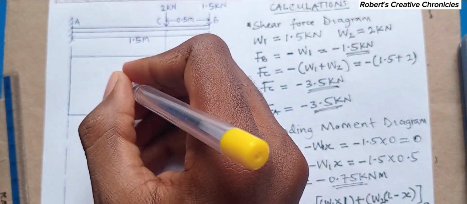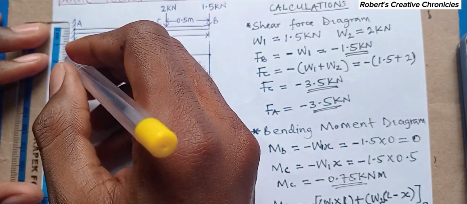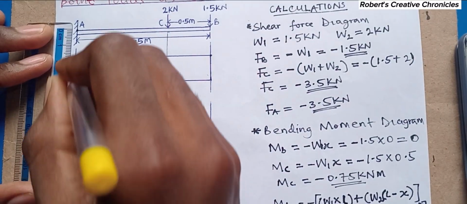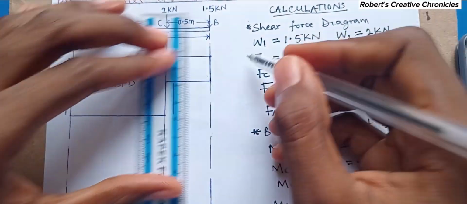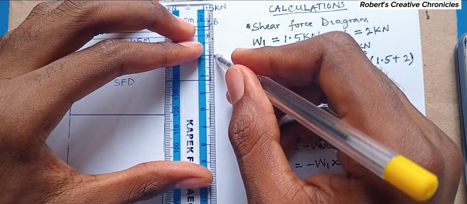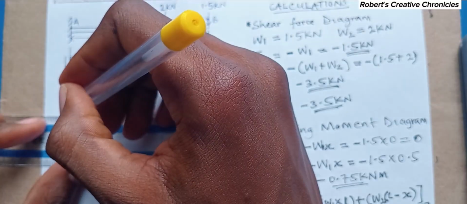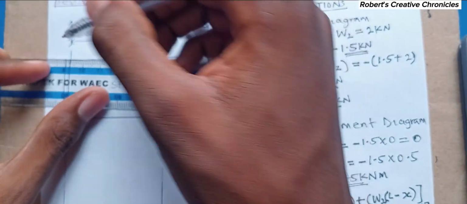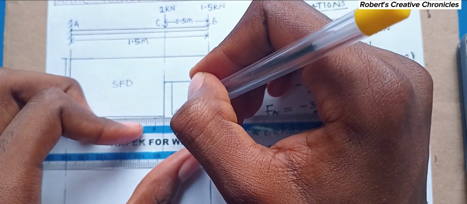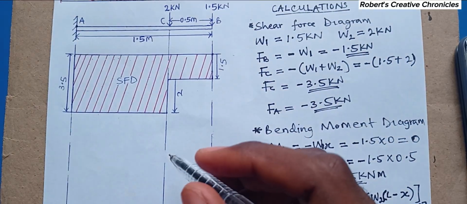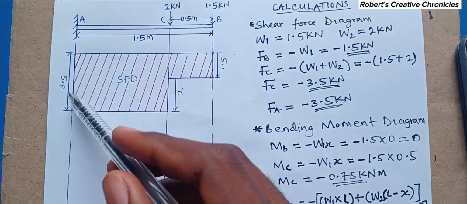You can write shear force diagram. So the distance from here to here and here to here and here to here. So here's my shear force diagram. The distance from here to here is 3.5.